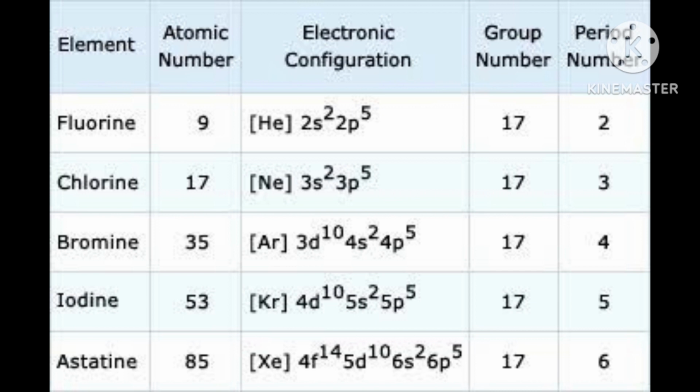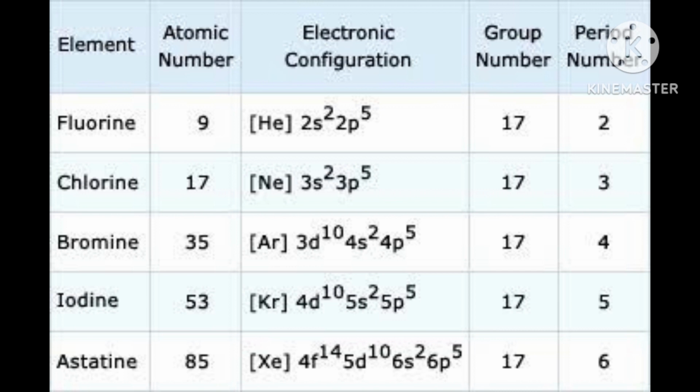Now electron gain enthalpy, also called electron affinity, is also in terms of kilojoule per mole. Fluorine is minus 333.